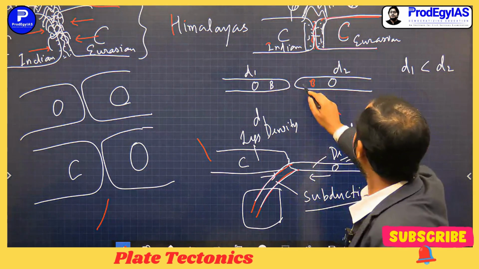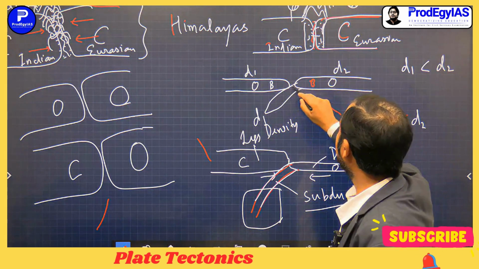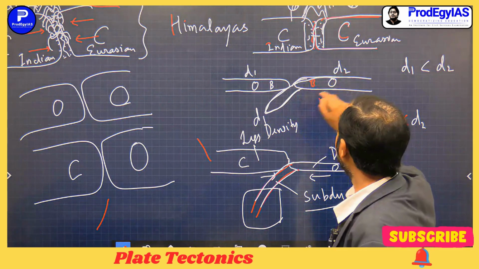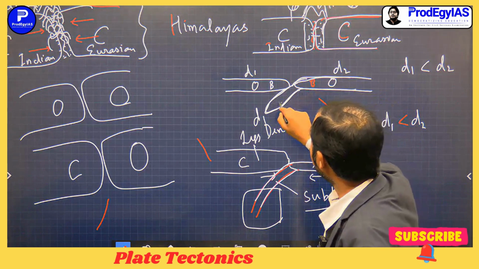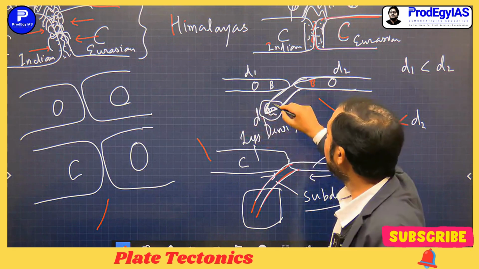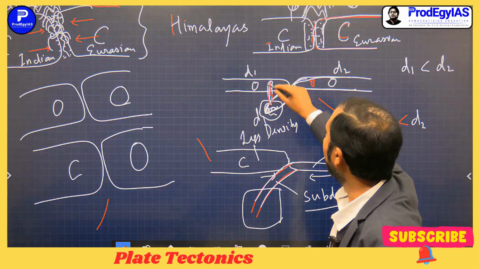Then what will happen? This D2, the more dense plate, will go underneath, downwards. It will melt because the temperature will increase, and it will come out in the form of magma.